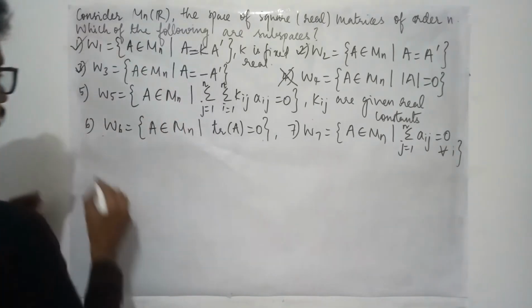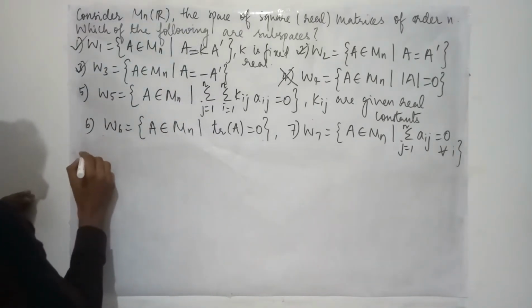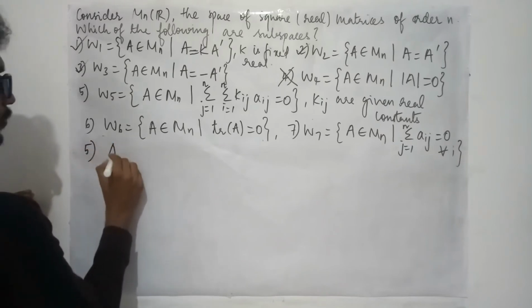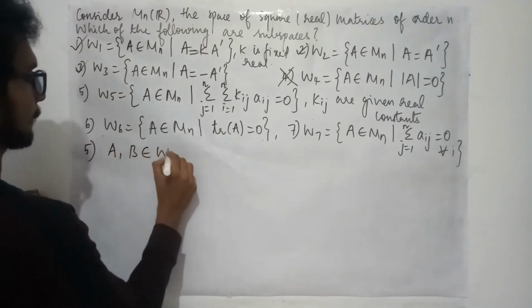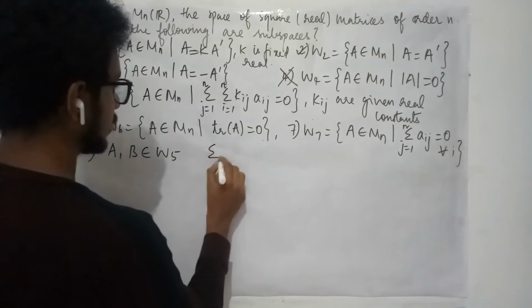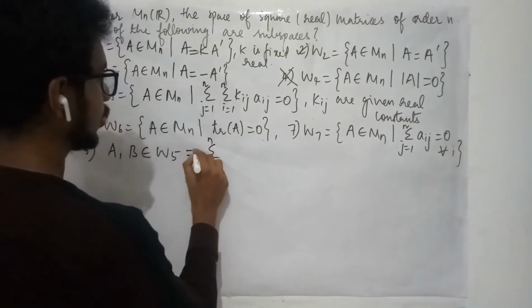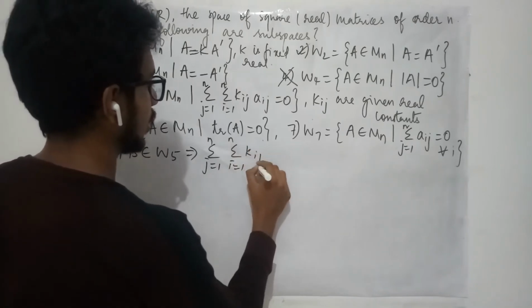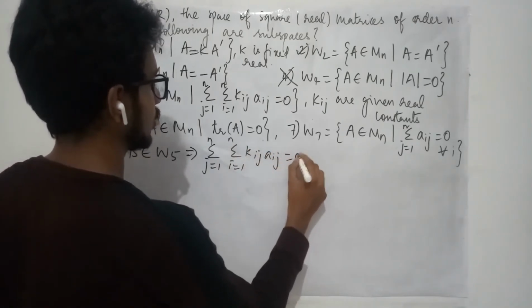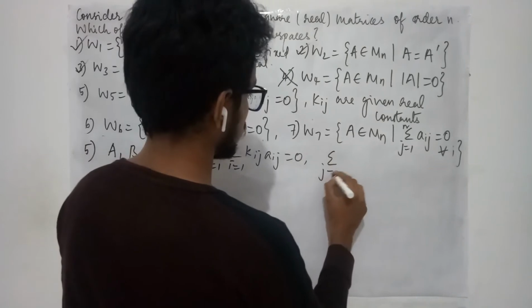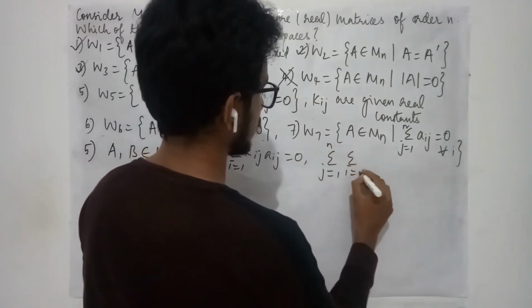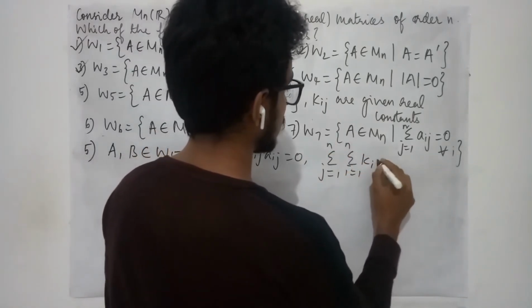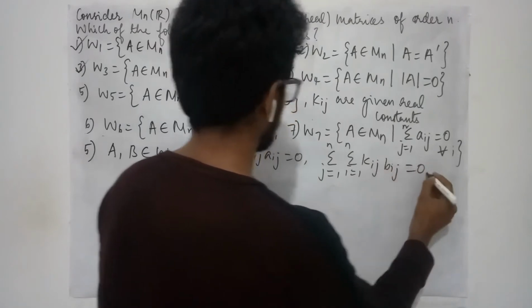Here let us check what is going to be the case. So this is satisfying summation j runs from 1 to n, summation i runs from 1 to n, kij aij is 0, and summation j runs from 1 to n, summation i runs from 1 to n, kij bij is 0.